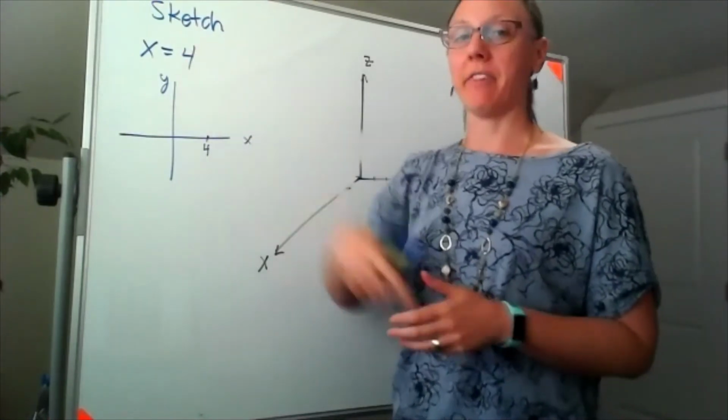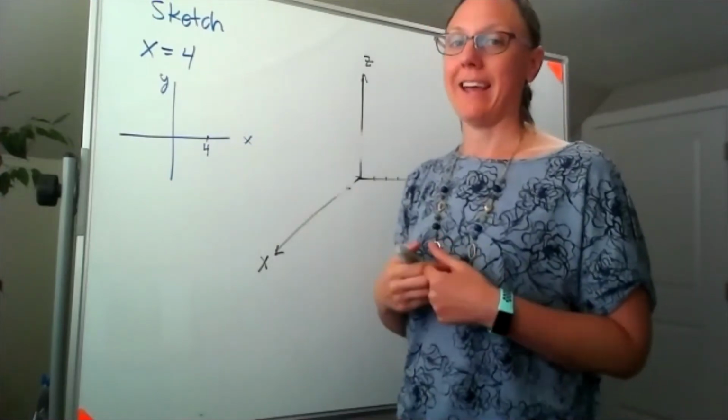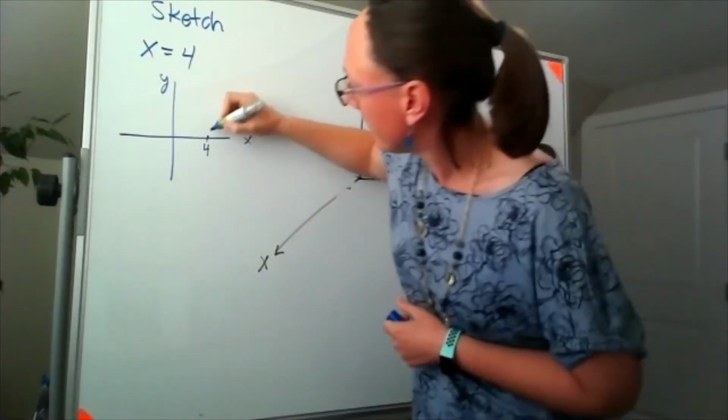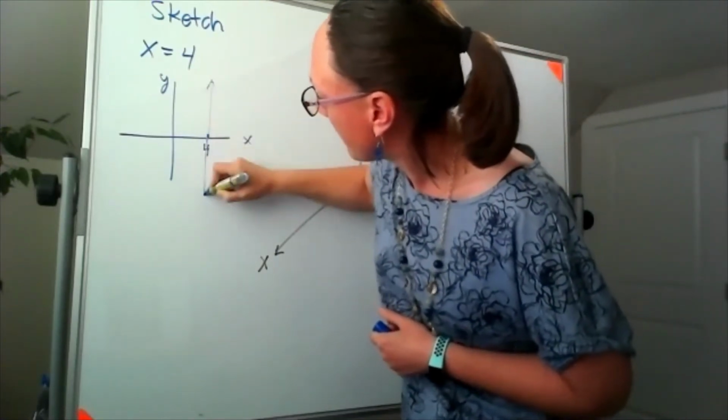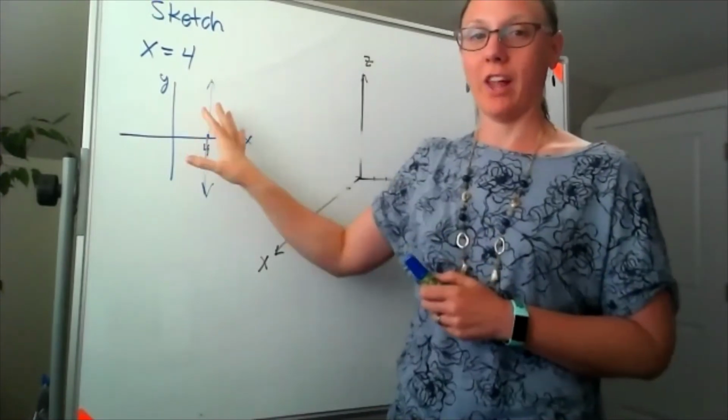But I don't have any y's in the equation, so I'm going to take that point I just found and extend it for every possible y value. And that is, in fact, what a graph of x equals 4 would look like.